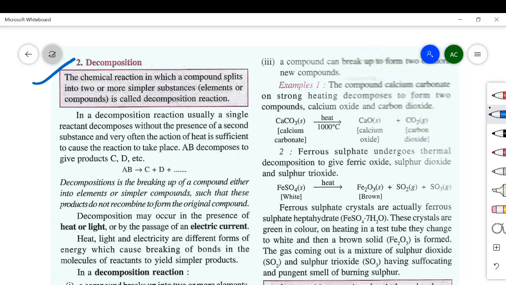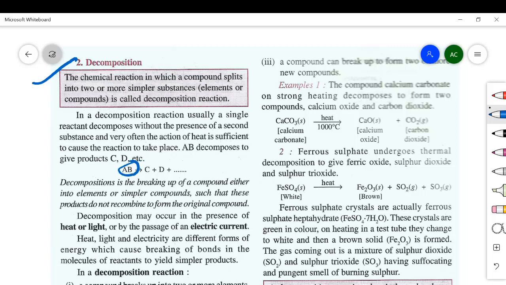A chemical reaction in which a compound splits into two or more simpler substances. It may be two, it may be three, maybe four, any number, into simpler substances which may be elements or compounds, then it is known as a decomposition reaction. Now we'll understand this concept again by that AB example.